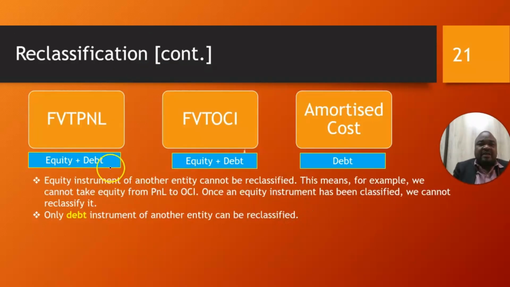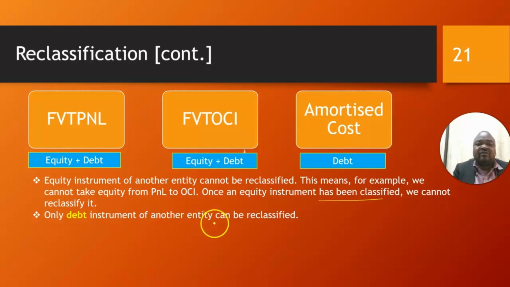Now, equity and debt, fair value through profit or loss. Equity instrument of another entity cannot be reclassified. This means, for example, we cannot take equity from P&L to other comprehensive income. Once an equity instrument has been classified, we cannot reclassify it.